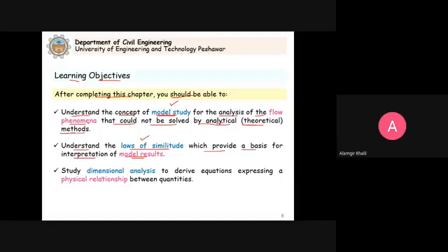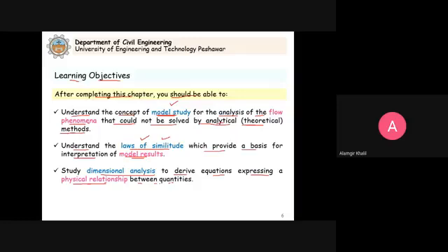And we will study dimension analysis to derive equations expressing a physical relationship between the quantities. Now, this is actually the second part of this chapter. So first we will study about the similitude, the model studies that we conduct, how we interpret the results.